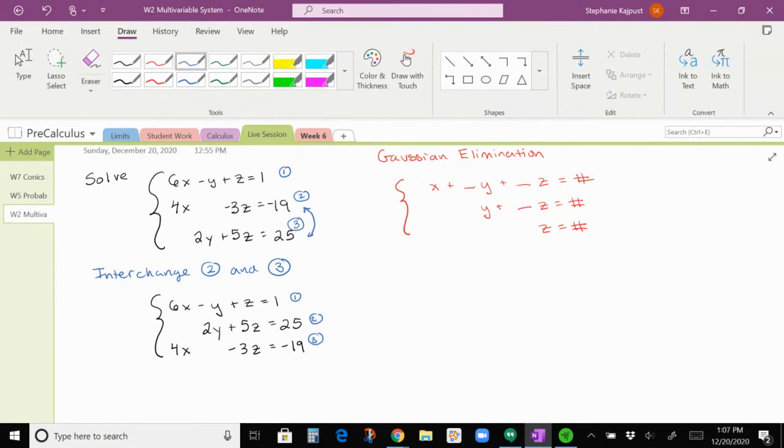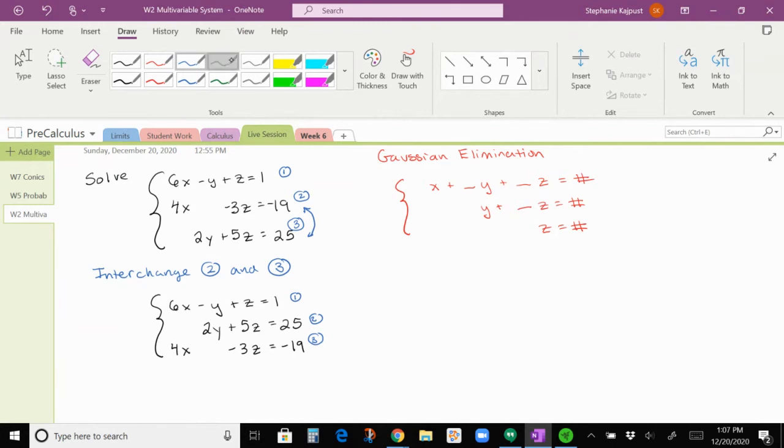So we're basically doing the elimination process, and we have to do it multiple times in order to get it in the correct form. But we know for sure we have to get rid of that 4x in equation 3. And so the only possible way to do that right now is to do elimination with equation 1 and equation 3.